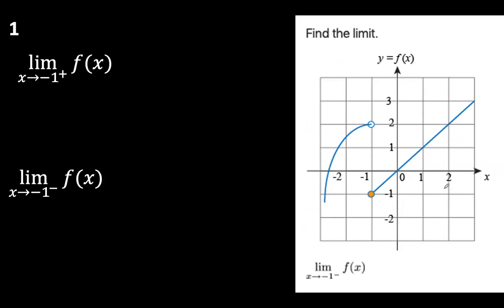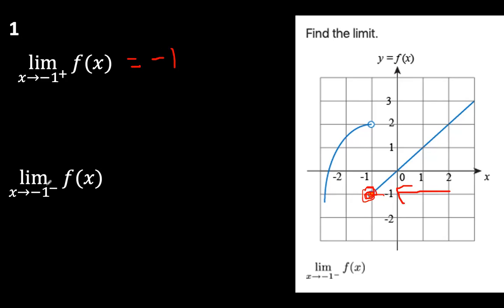So, coming from here to -1, the graph approaches this point. Again, we're talking about the function value.